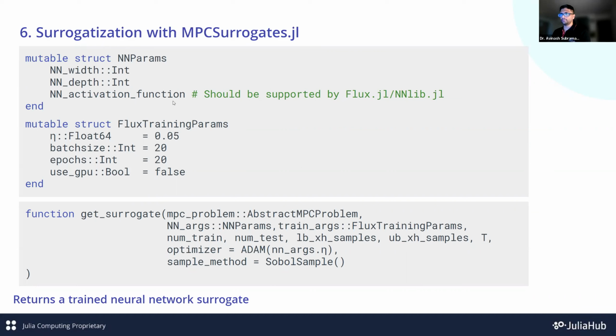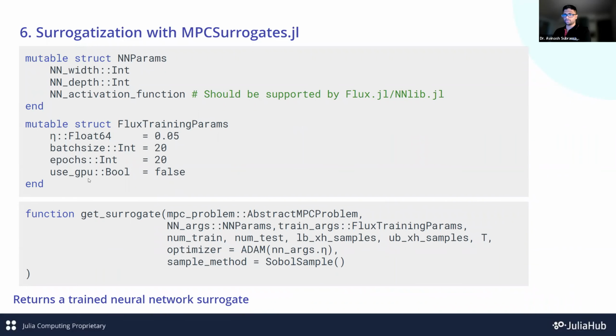We have good defaults that depend on the problem, and this is something that the user could input as well, given certain activation functions, for instance, tanh or ReLU, or again, the user has this functionality with nice defaults. And then also the machine learning training parameters. For instance, the learning rate, the optimizer, the batch size, the number of epochs. And again, if we want to train with a GPU, whether to use a GPU.